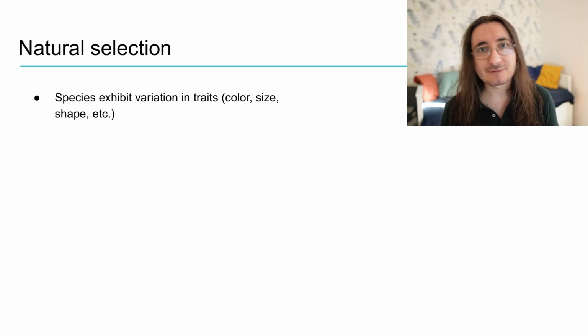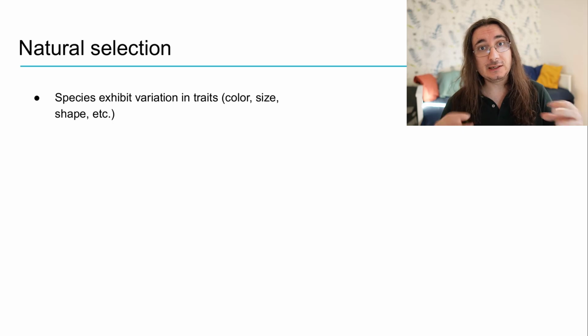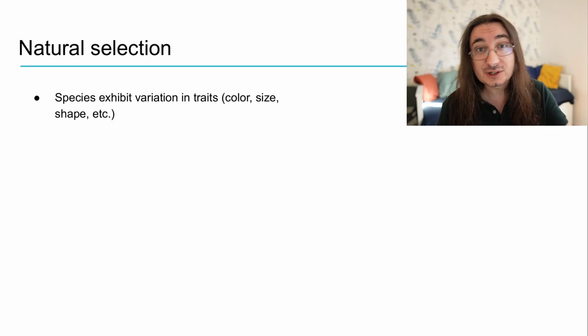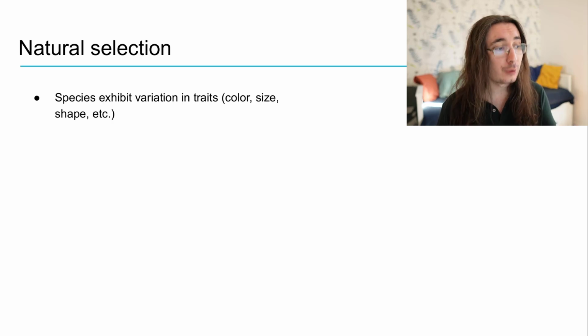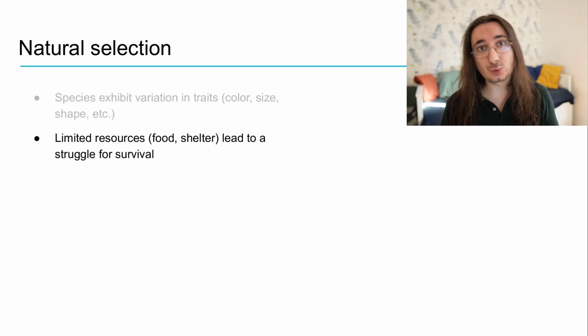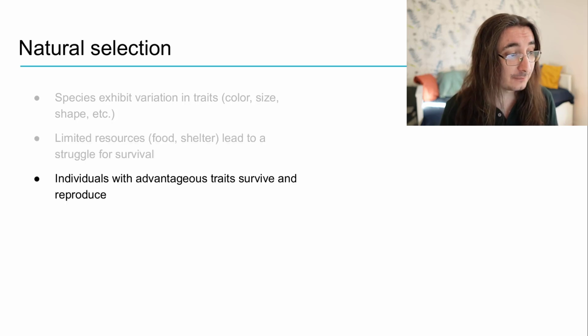In nature, we have species with a lot of different individuals, and different individuals are going to exhibit variations in certain traits, like for example, color, size, shape, height. The problem is that in nature there are limited resources, for example for food or shelter, and this finite number of resources leads to a struggle for survival.